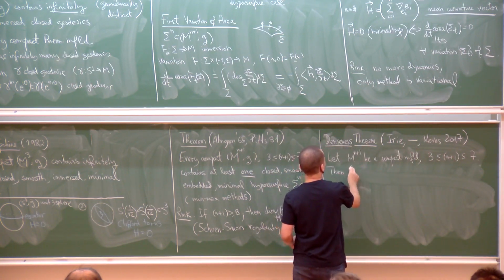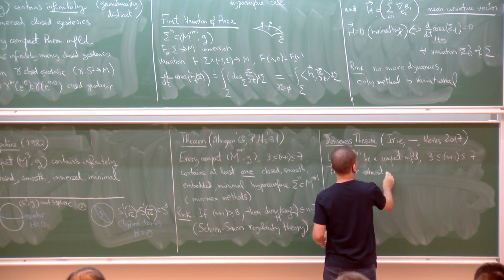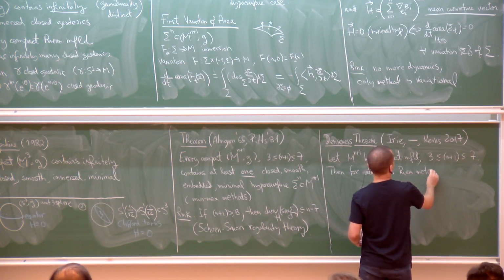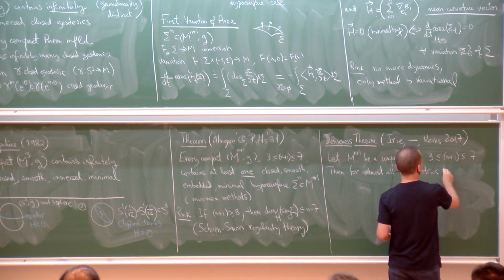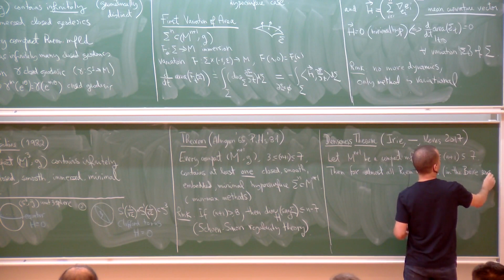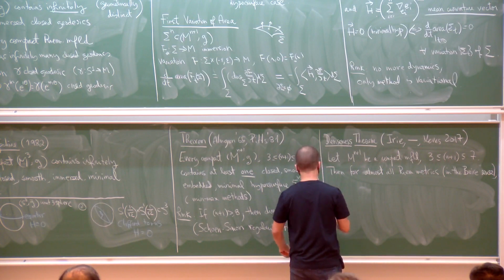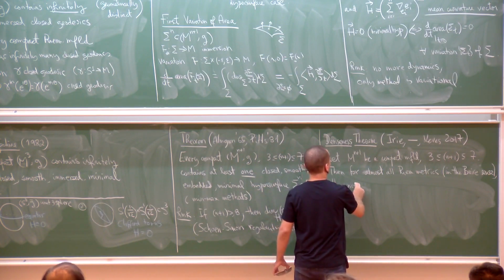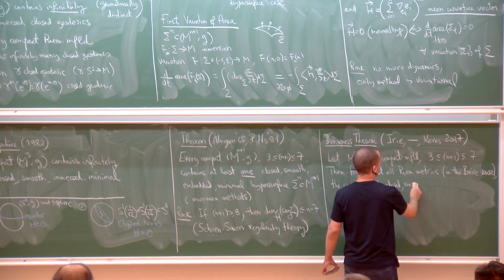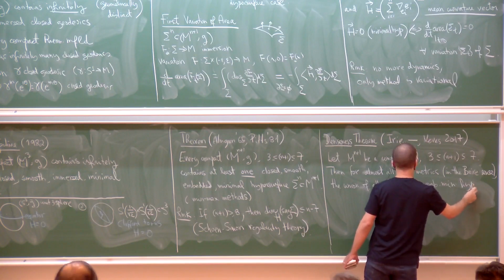Then for almost all Riemannian metrics, I will explain what this means, in the so-called Baire, the topological sense, the union of all closed, smooth, embedded, minimal hypersurfaces is dense in the manifold.